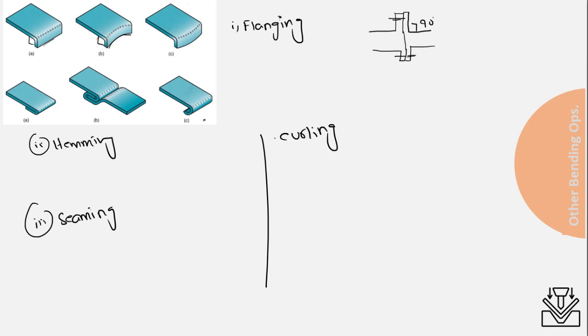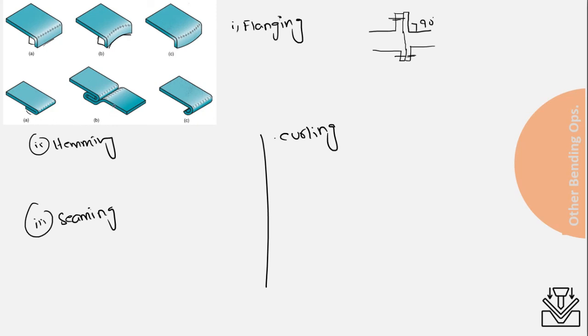The second one is called hemming. It involves bending the edge of the sheet over on itself. So this one is hemming, bending the sheet metal on itself, like this one. It is not necessary that we perform the hemming in a single step. It can be performed in multiple steps.